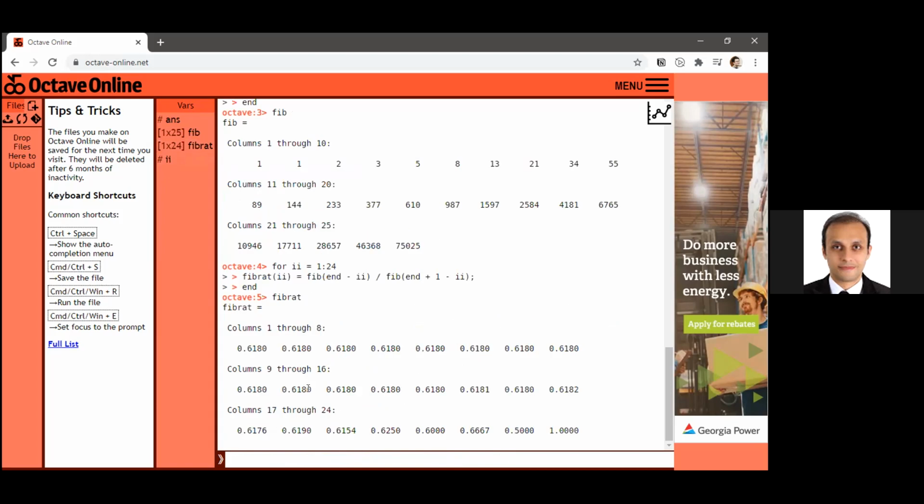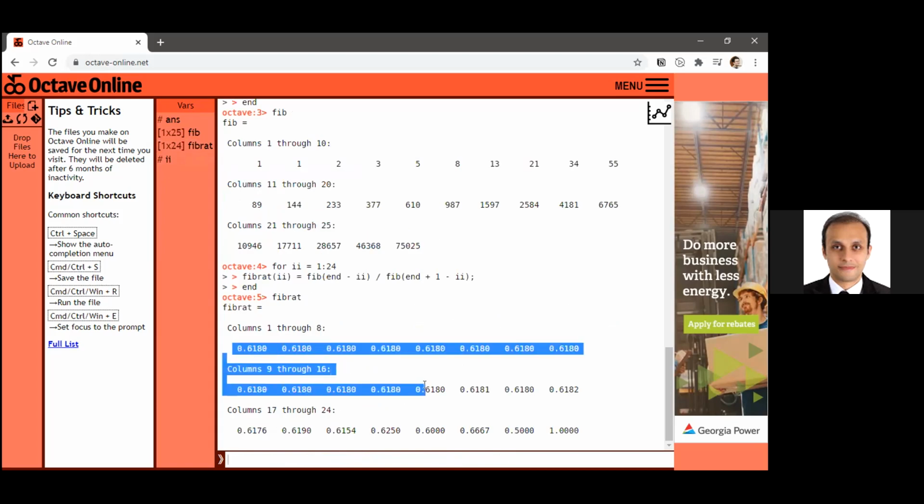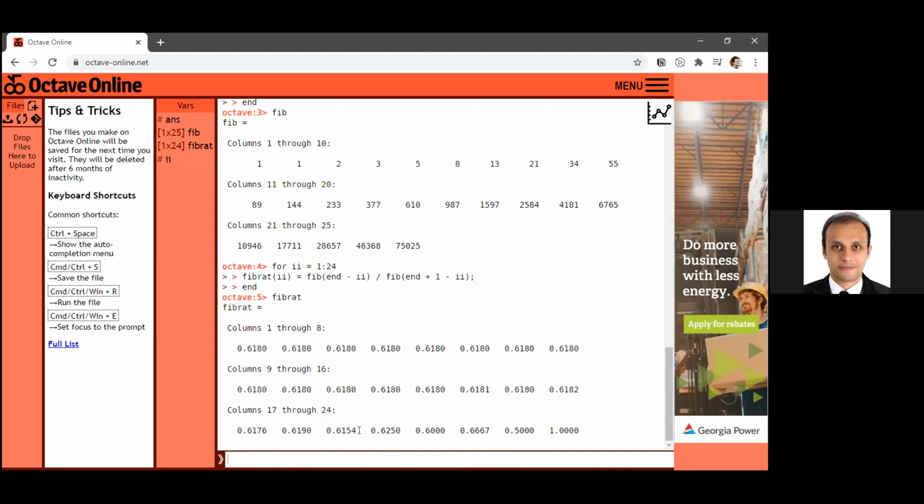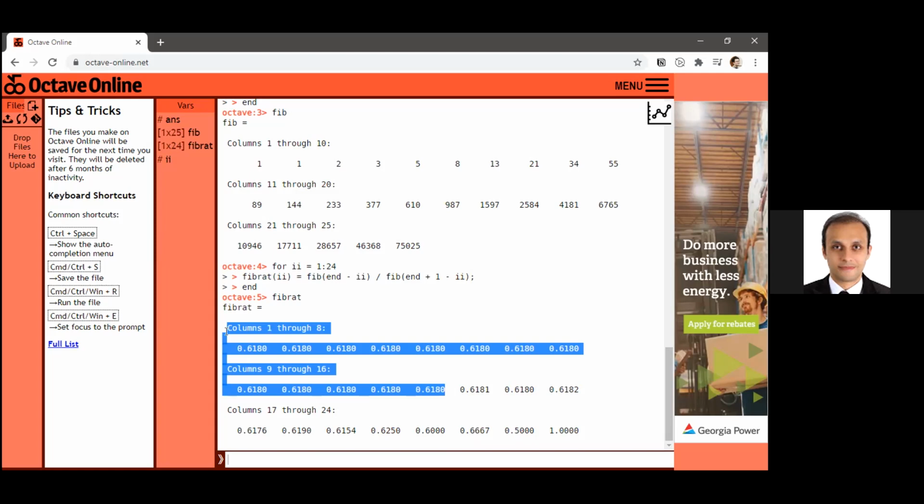So it is almost constant. You see that it's not constant. If you see carefully, it's converging towards the golden ratio. It's still not the golden ratio, it's going towards the golden ratio. If you take n to be very, very large, in terms of the accuracy, the digits in the decimal part will be very close to the golden ratio. Yes. Okay.